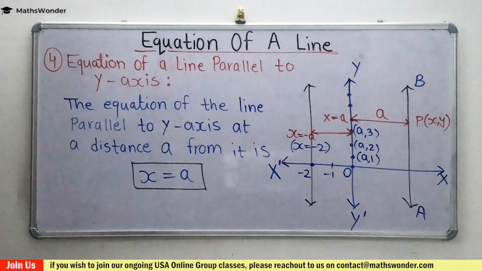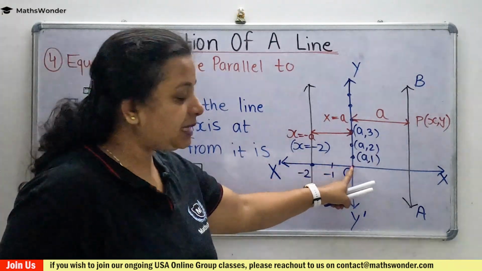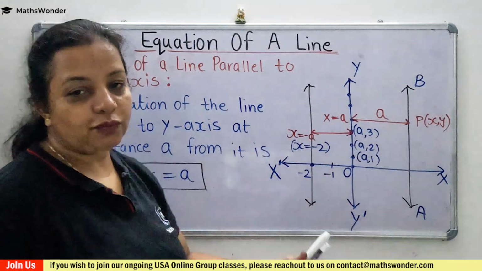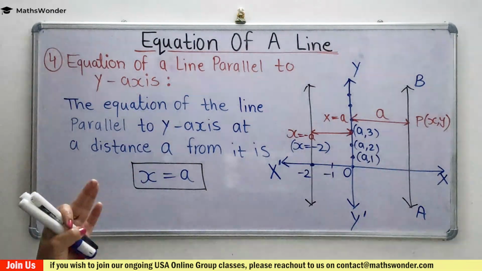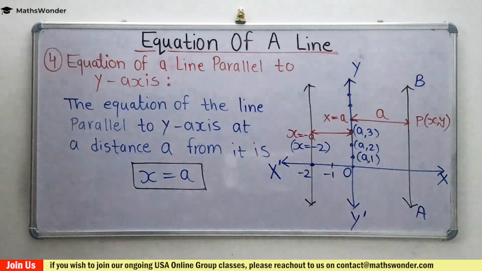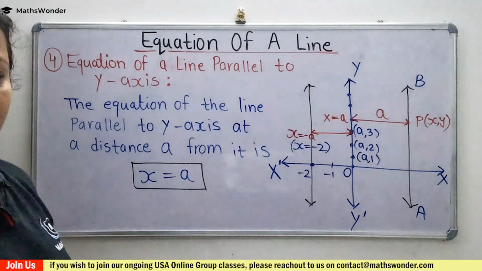Now, since the y-axis is parallel to itself, meaning at 0, x is 0 when it coincides with the y-axis. But if a line is parallel to the y-axis at a distance a and to the left of the y-axis, then the equation is x equals negative a. Understood?